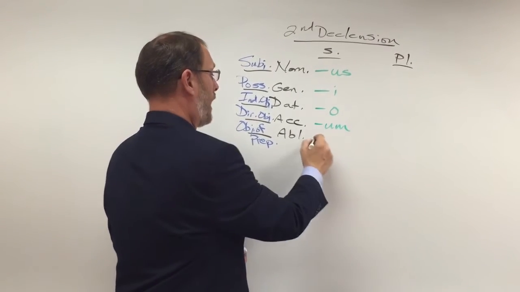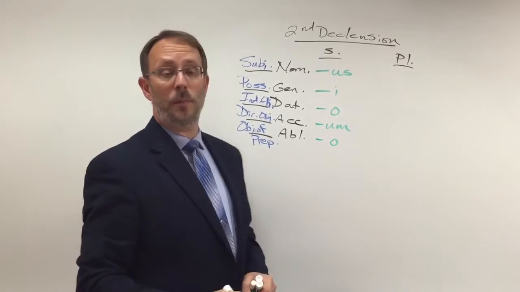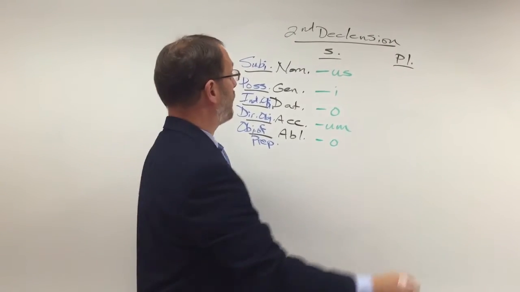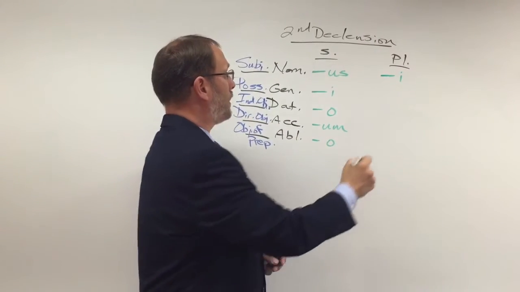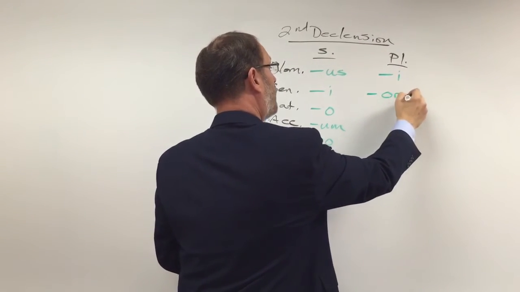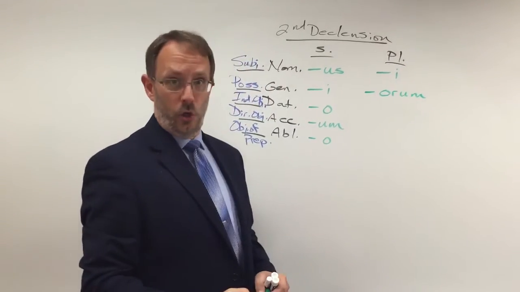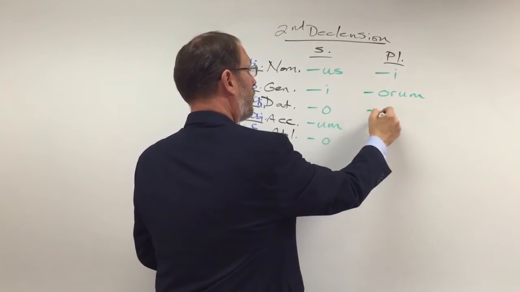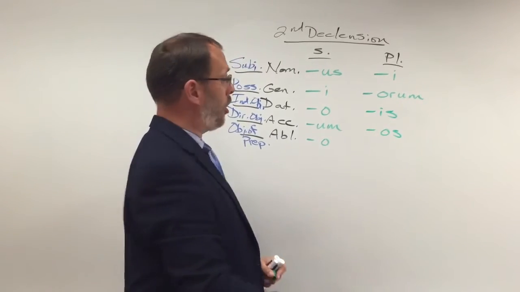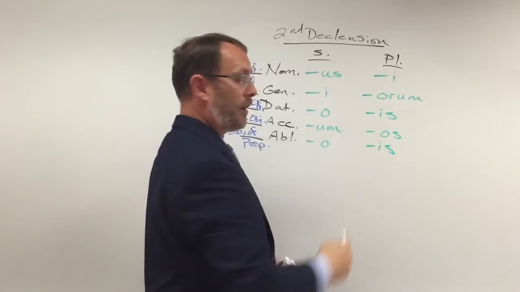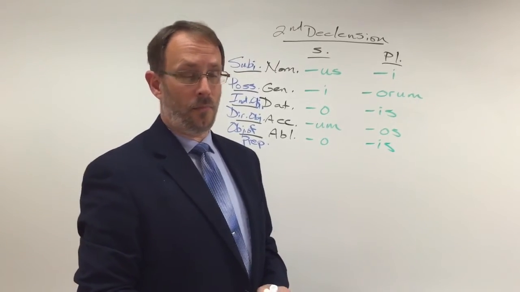And ablative object of preposition is O. Nominative plural is that long I, pronounced E again. Genitive ORUM, O-R-U-M. Dative plural I-S. Accusative plural OS, and ablative plural IS.